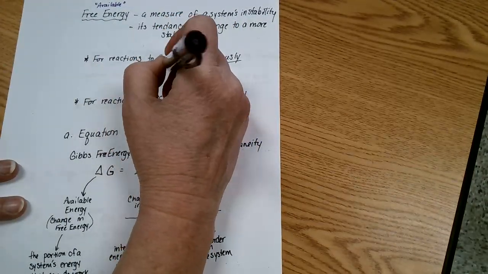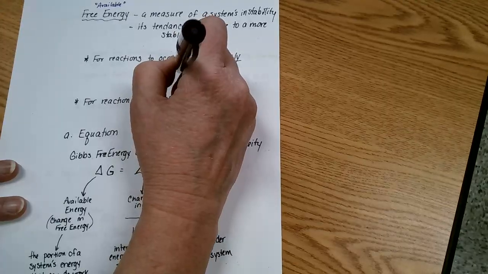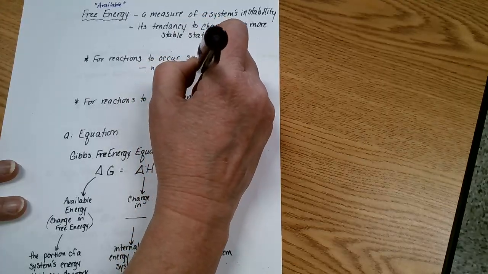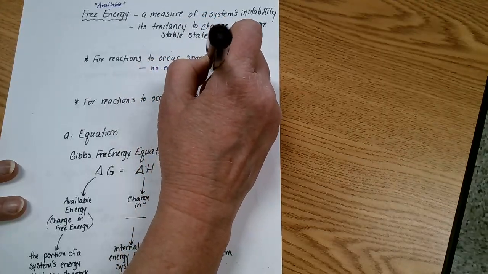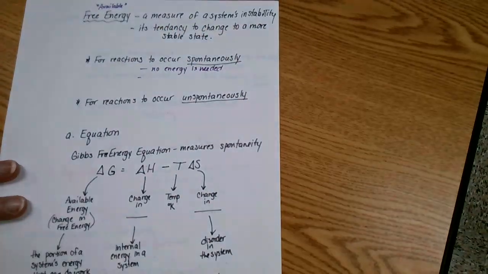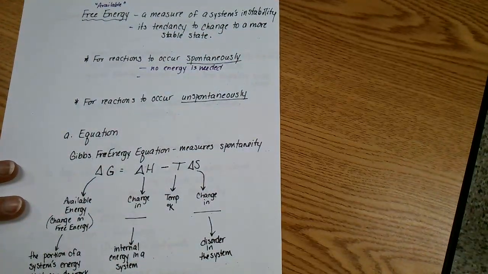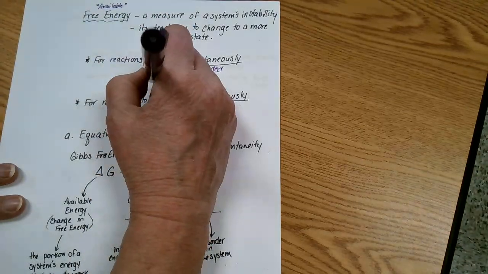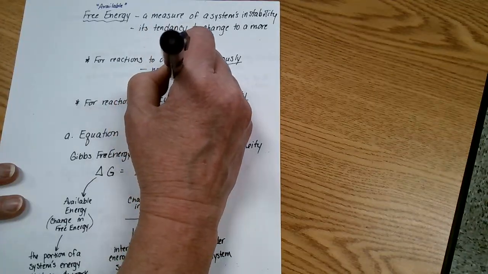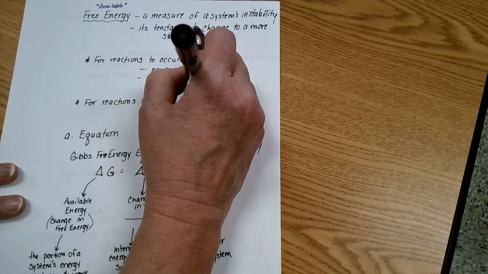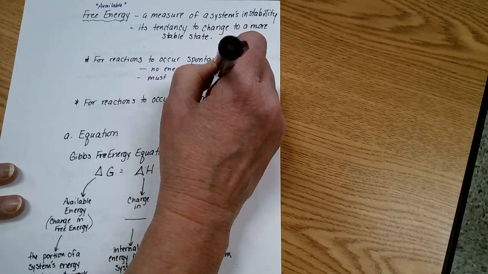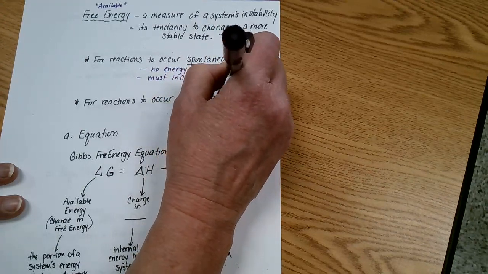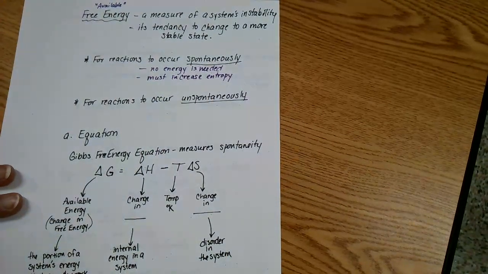One, no energy is needed. And two, for it to happen spontaneously, it must increase entropy. So after it happens, there's got to be more disorder, and you don't have to put any energy into it.